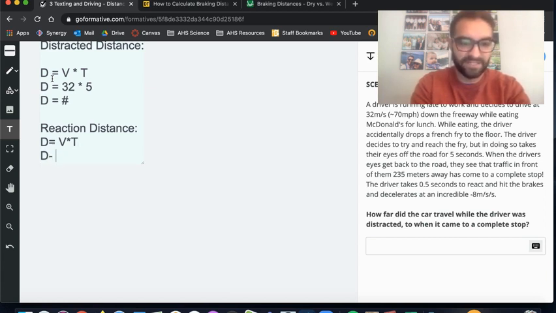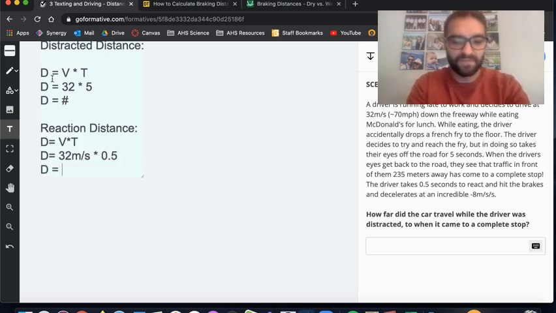Don't overthink that. It's the same equation. Okay, and then our velocity is still 32 meters per second because they haven't hit the brakes yet. So they're still getting to that point where they're trying to hit the brakes. And this was 0.5. Okay, and so that gives you that number.